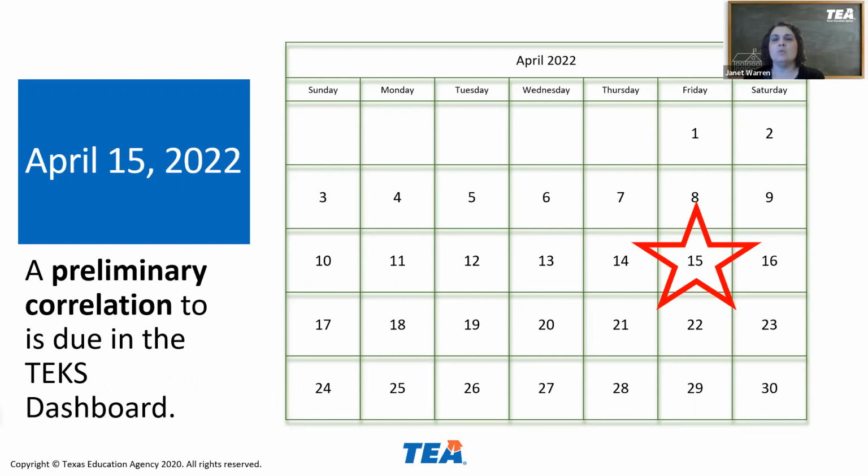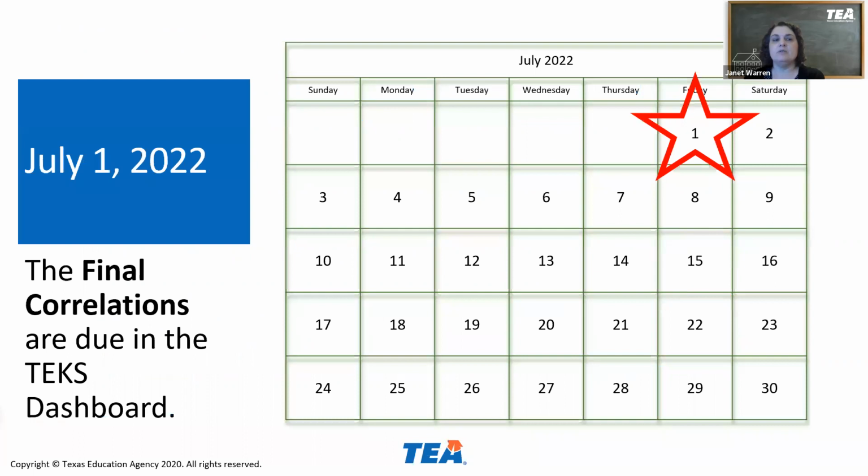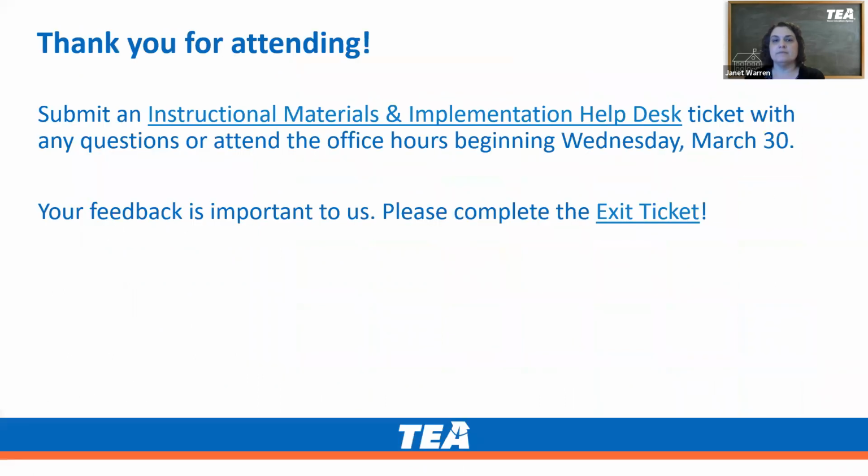TEA staff will then spend the next week reviewing it and providing feedback to ensure the review team members receive clear and concise correlations. The final correlations are due on July 1st. If you have any questions, please submit an instructional materials and implementation help desk ticket or attend the office hours that begin on March 30th.